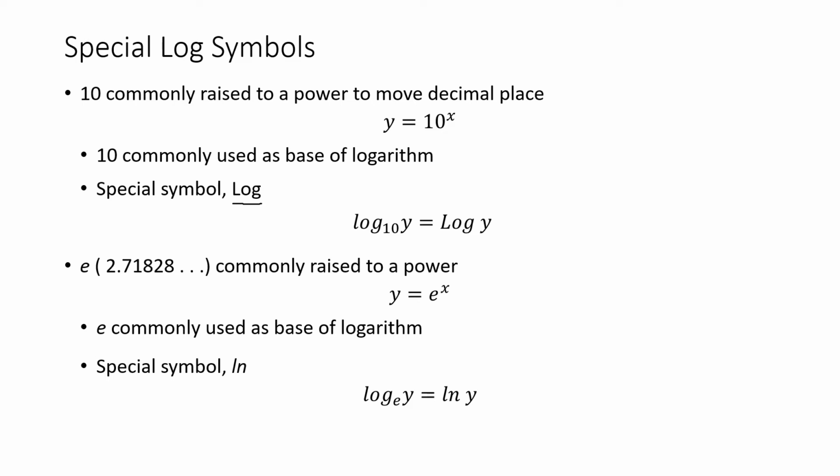Now, a number we commonly raise to a power in science and engineering is e. Now, e equals 2.718281828. It continues on. And e is sort of like pi. Pi is just a number.